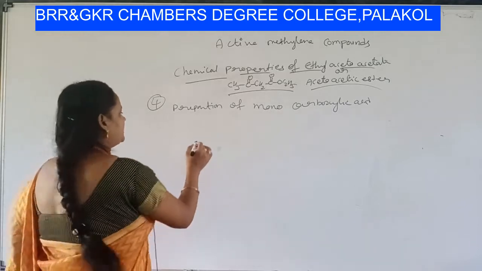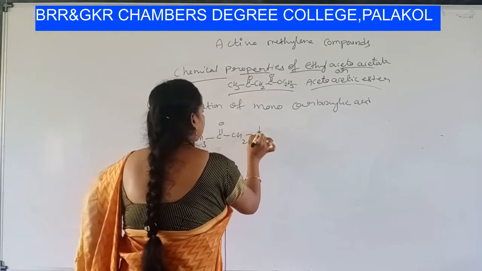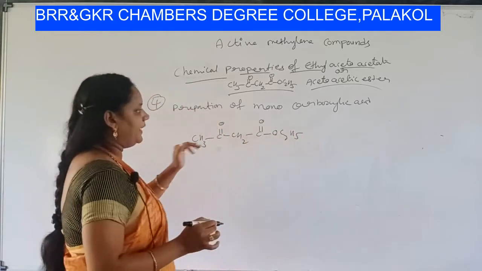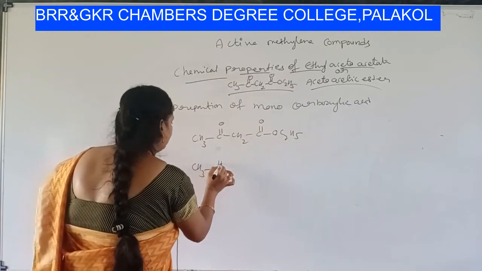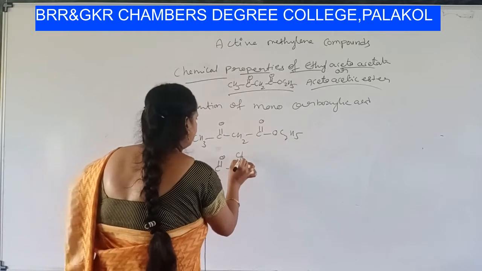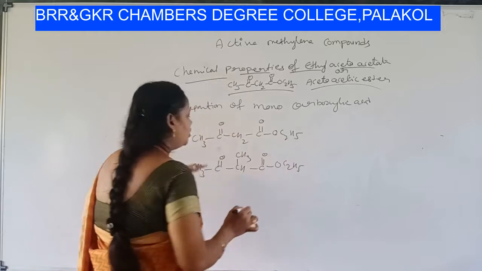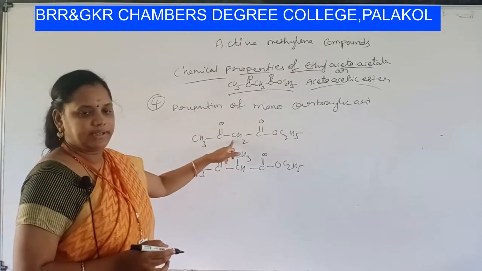Okay, students, first I'll take ethyl acetoacetate itself, OC2H5, to prepare acetic acid. Next, I'll take the monoalkyl derivative CH3, C double bond O, OC2H5 to prepare here acetic acid.